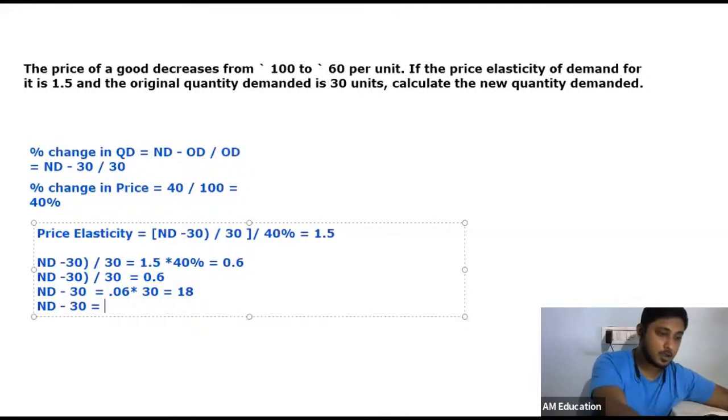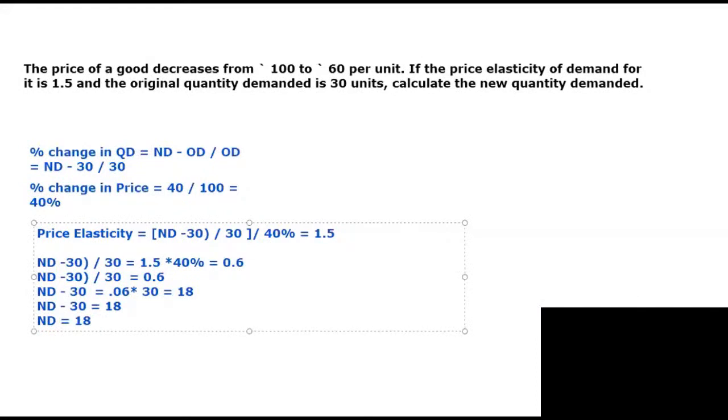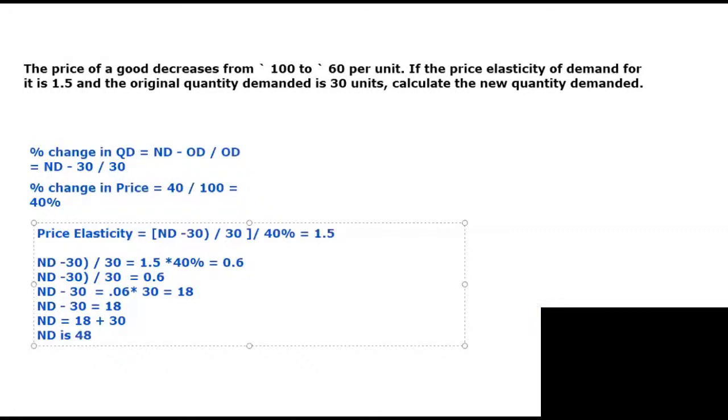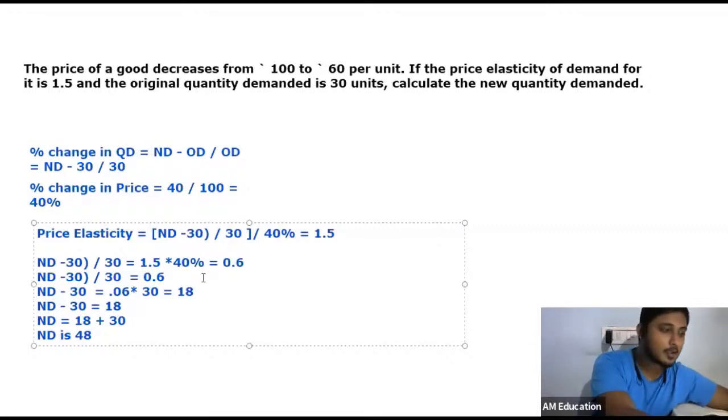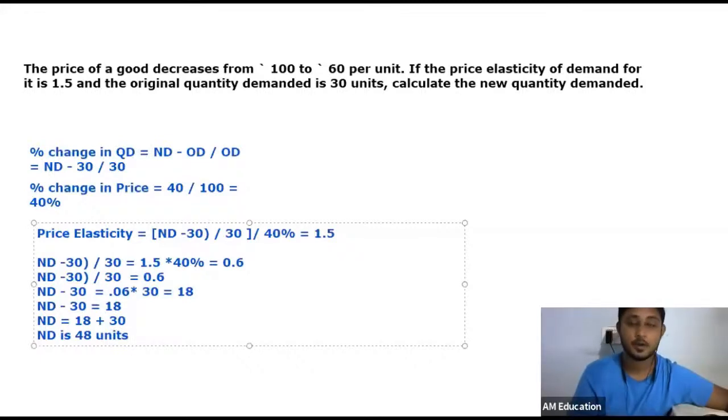How much is ND, guys? 18 plus 30, so ND is 48. Is it rupees 48? What is 48? Quantity demanded. So 48 units it is. That's how we find out the new quantity demanded. The same formula. You just have to substitute and substitute and substitute. Clear, all of you?